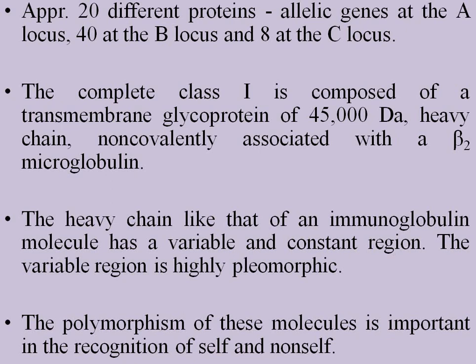The heavy chain, like that of an immunoglobulin molecule, has a variable and constant region. The variable region is highly polymorphic. The polymorphism of this molecule is important in the recognition of self and non-self. If the molecule is non-self, then the MHC system reacts against that non-self molecule.